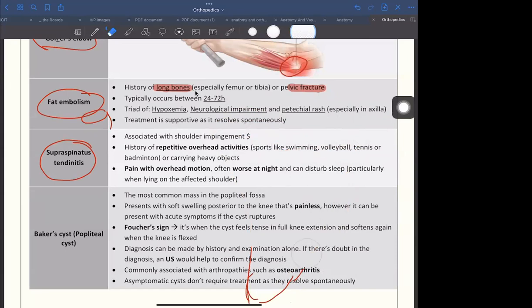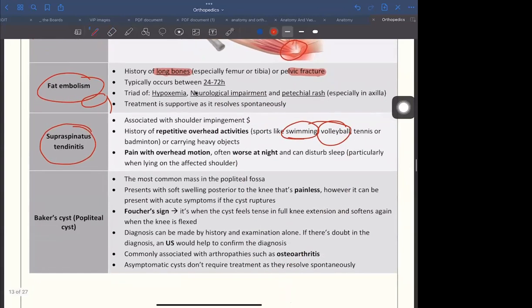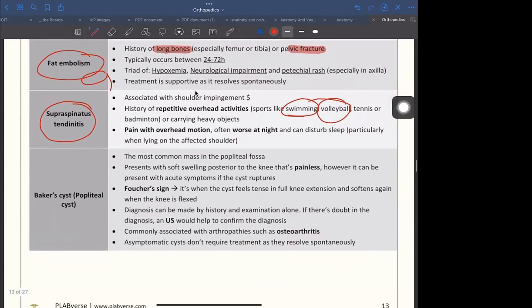Sometimes it happens with sports like swimming, volleyball, and tennis as well. There will be severe pain while you're trying to abduct your shoulder or raise your hand above 60 degrees, maybe while you're raising your hand above your head.